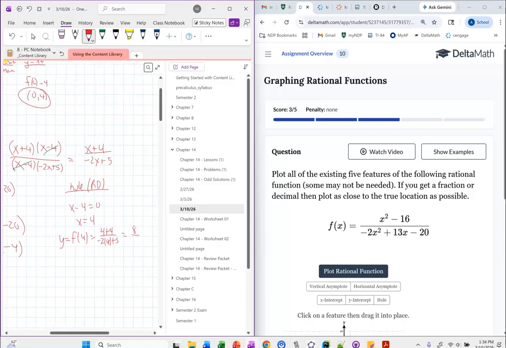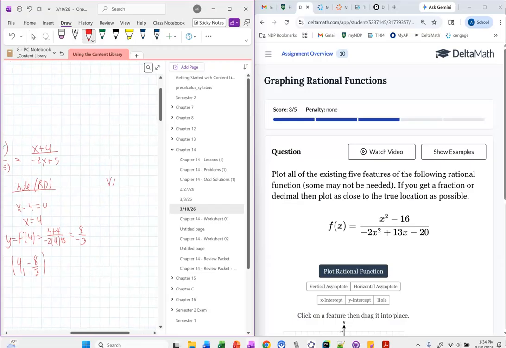So that's going to be 8 over... -3. So we have 4 comma -8 thirds. It's supposed to be a 3 down there. Yuck, but okay.